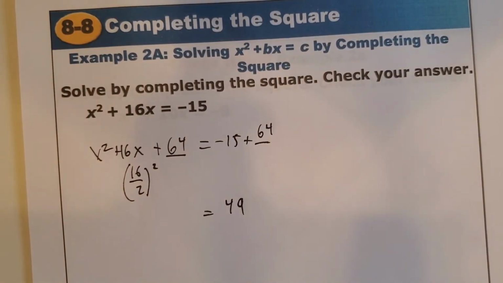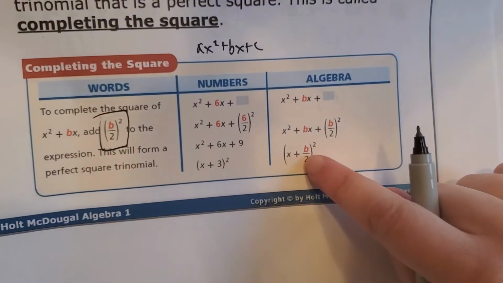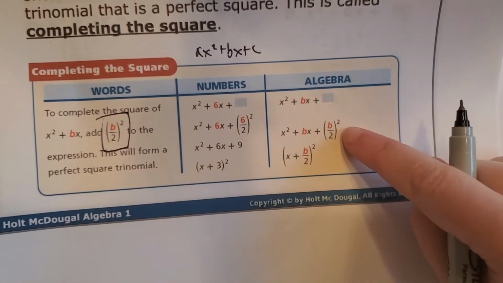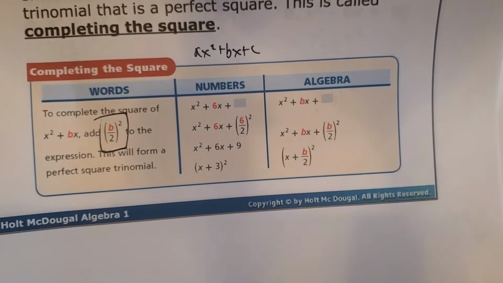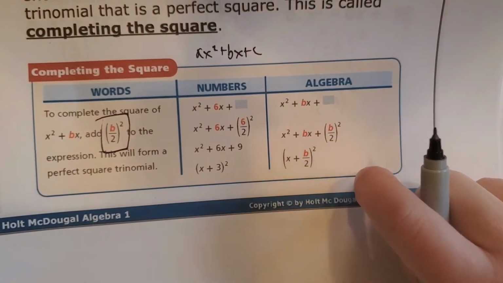The factors of 64 that add up to 16 are 8 and 8. And how do we get that really quickly without listing all the factors of 64? Just this 16 over 2 piece. That's what this is saying. Factoring a perfect square trinomial, it's going to be x plus or minus, depending on what the sign is, whatever you get when you divide your b value by 2.